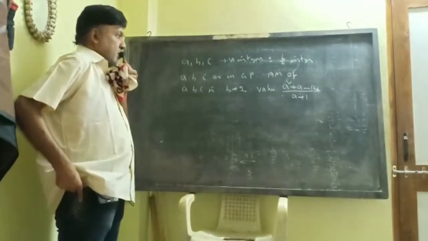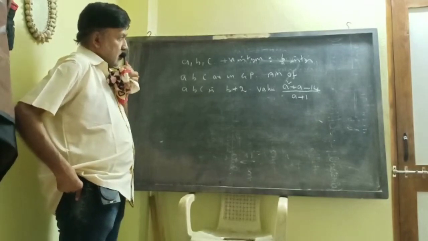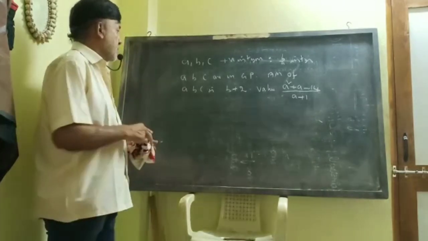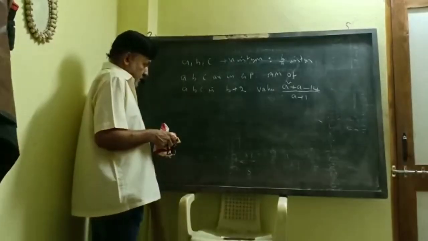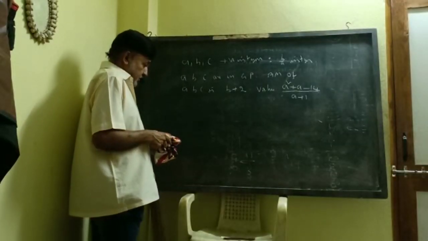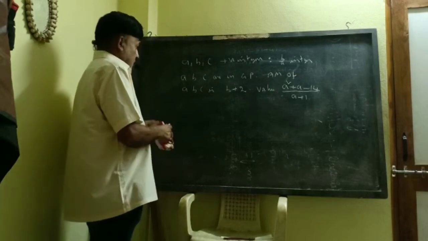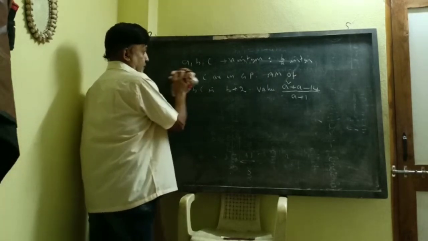So a, b, c are positive, b by a is an integer, a, b, c are in GP. The arithmetic mean of a, b, c is b plus 2. Now we will proceed like this.